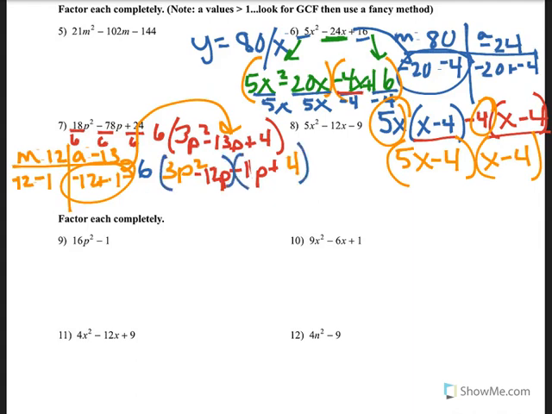Okay, and then I am going to find what I can divide these by. So I'm going to divide by the coefficient, which here is going to be 3p. So I'm dividing everything by 3p. So the first term I'm going to divide by 3p, and the next term I am going to divide by a negative 1.